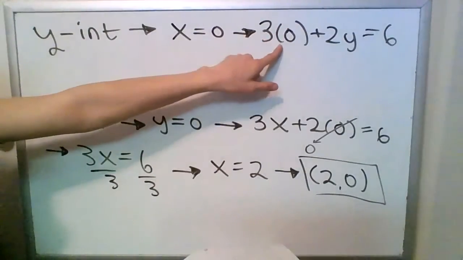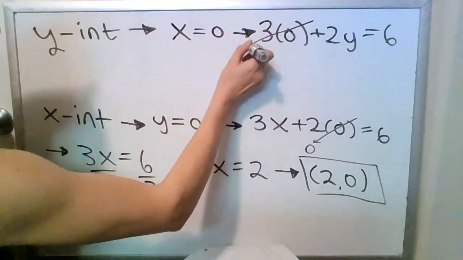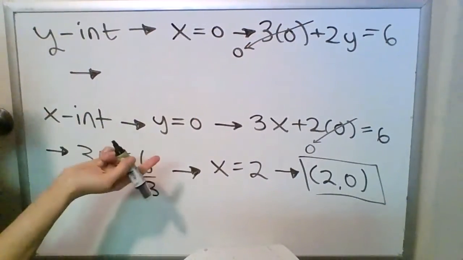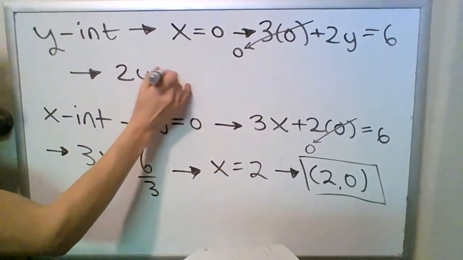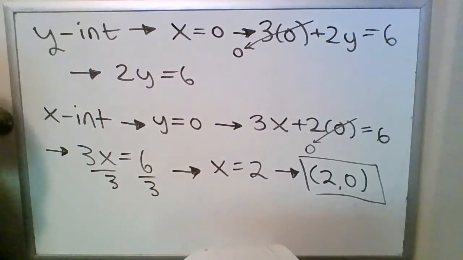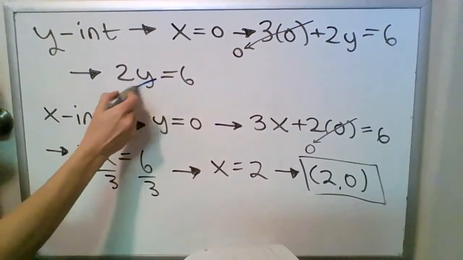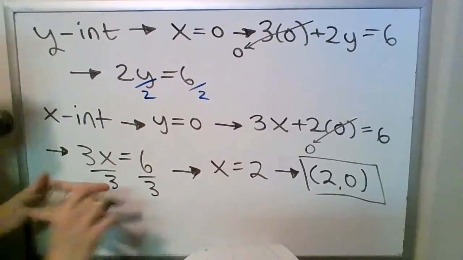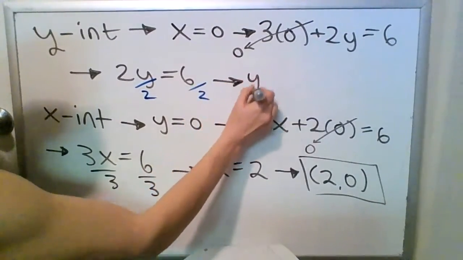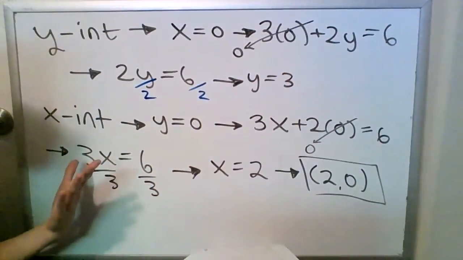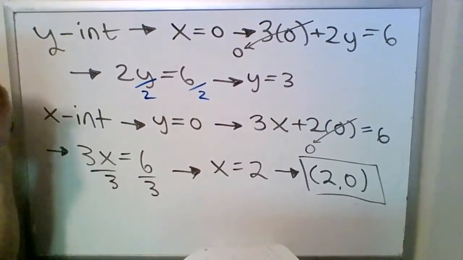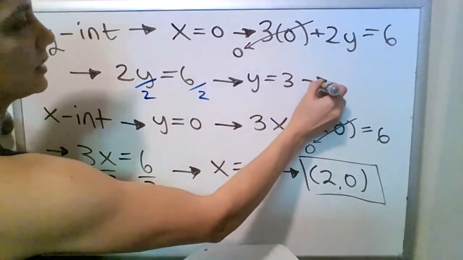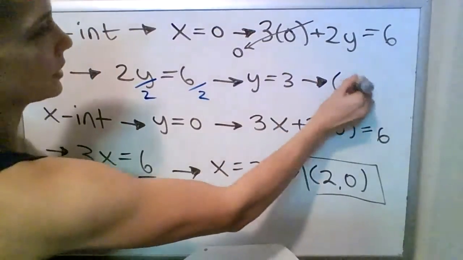Okay, 3 times 0 is 0. Then we've got 2y equal to 6. And divide both sides by 2. y is equal to 3. And write your answer as a point. At least that's my preference. It might not be the same on the homework. I can't remember. Anyway, I would finish this with the point x equal to 0, y equal to 3.